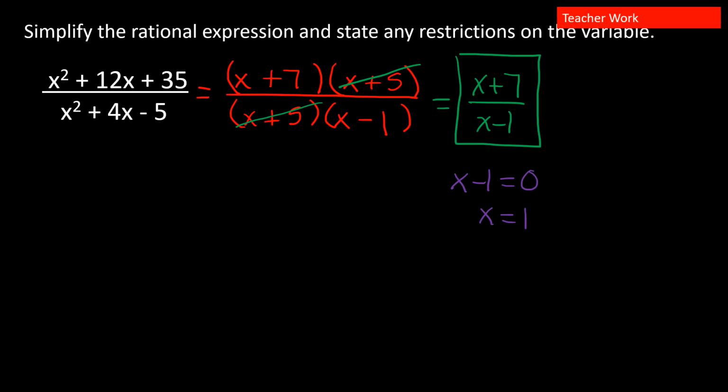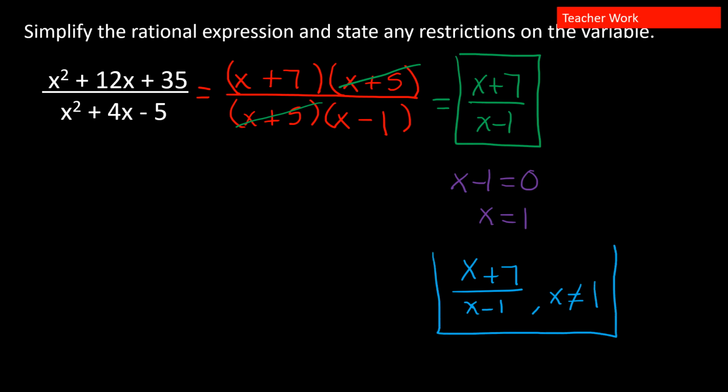So our final answer would be x plus 7 over x minus 1, where x cannot equal 1. And that's your answer. In other words, that's where we're going to have an asymptote, a vertical asymptote to be more specific. Okay? Same skills we've been doing, just a different way of asking the same question.